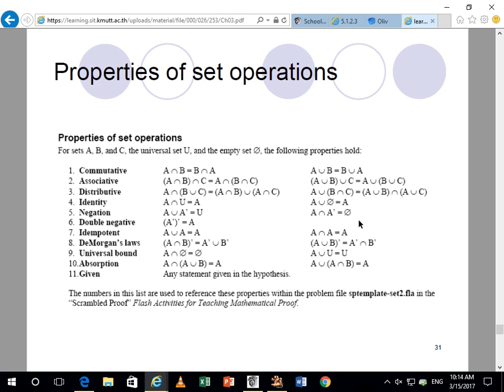So if you take the intersect of A with the universal set, that means includes everything, you'll get just A back. If you take the union of A and an empty set, you also get A. So it's like multiplying by 1, you get the number back. Multiplying by 0, not multiplying by 0.